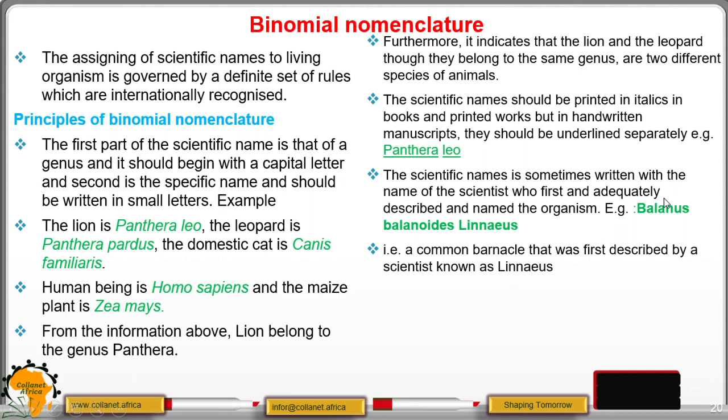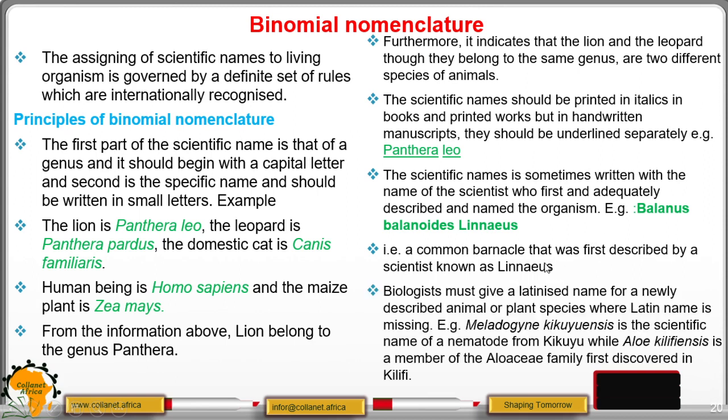So the scientific name is attached to the name of the scientist who described it for the first time.